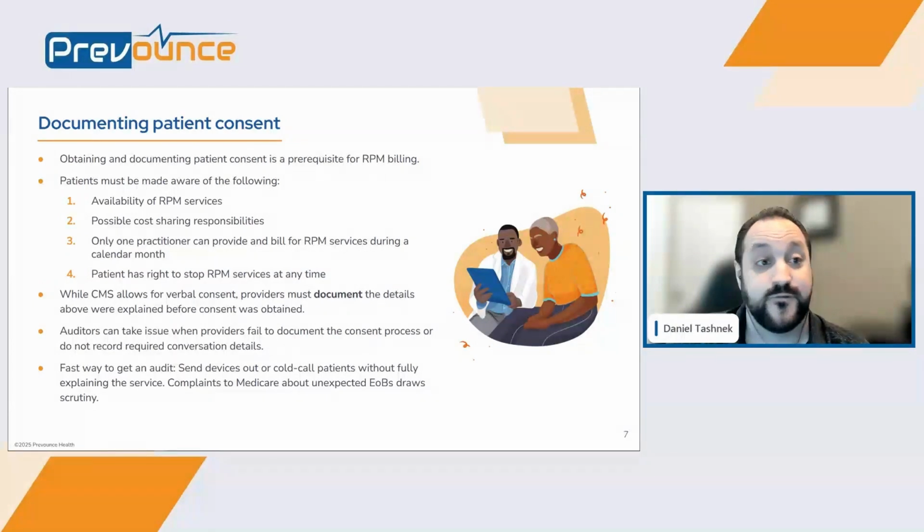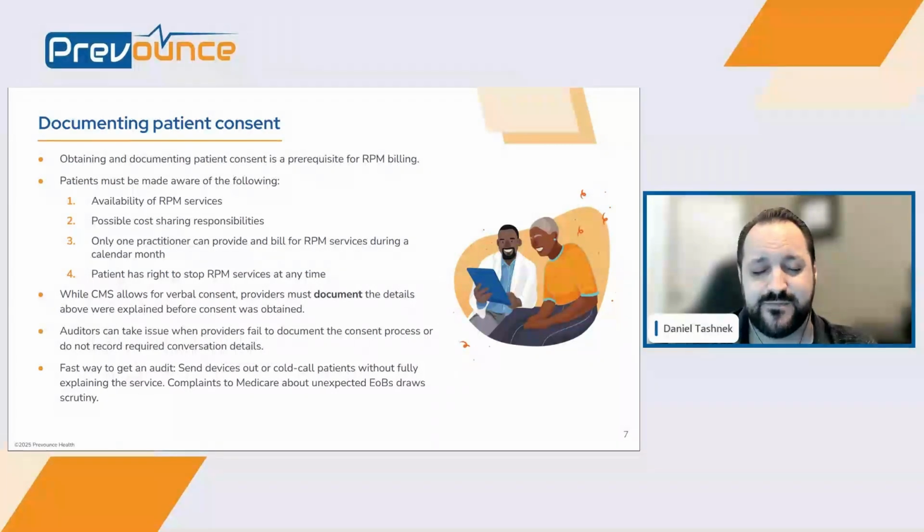The first thing that the OIG released last year, prior to the sort of the, hey, Medicare, we need to pay more attention to this, was an alert to seniors saying, hey, if you just get random phone calls saying it's RPM, that might not be legitimate.